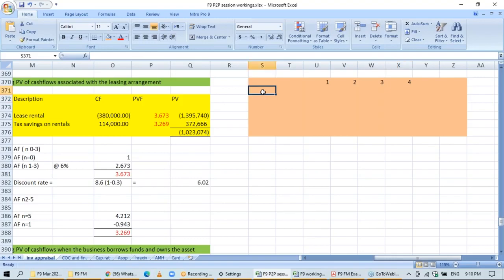The first thing we have to do is calculate the operating cost per unit that will be saved. So operating cost per unit is 5.8, which will be saved.